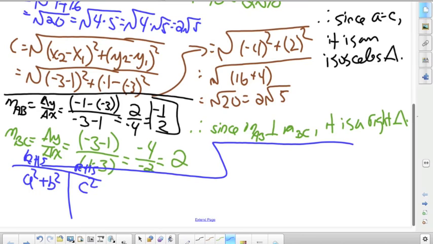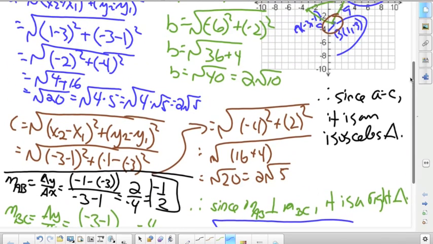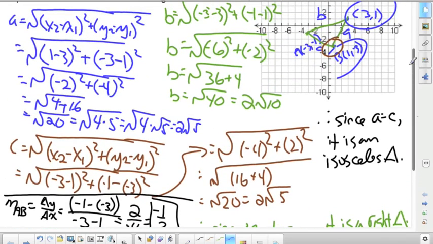But how do we know which is A, which is B, which is C? Yeah, C is the longest one. In this case, which one is that? Square root of 40?